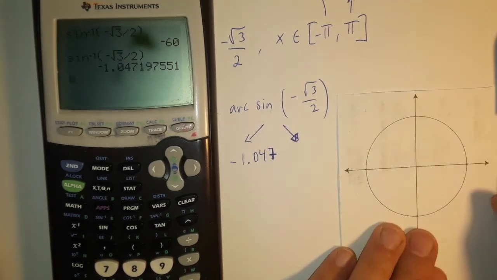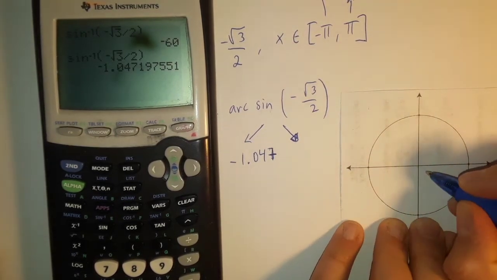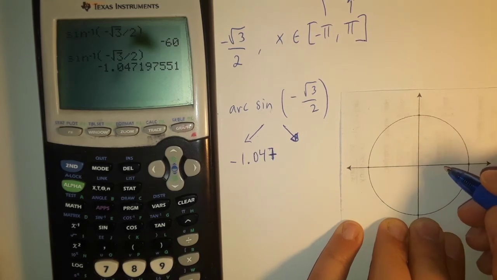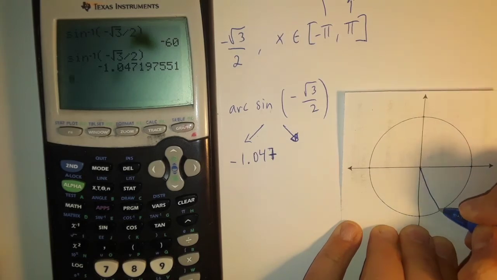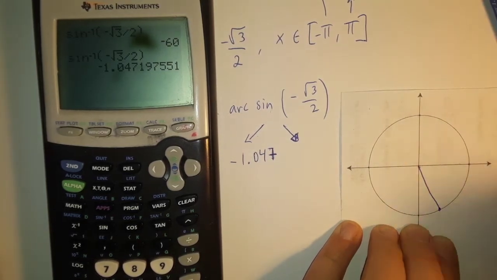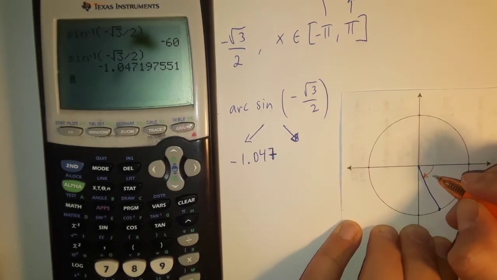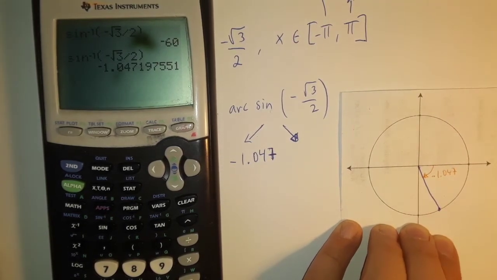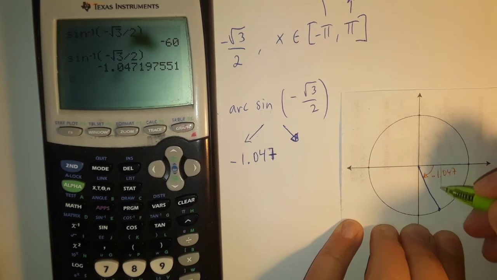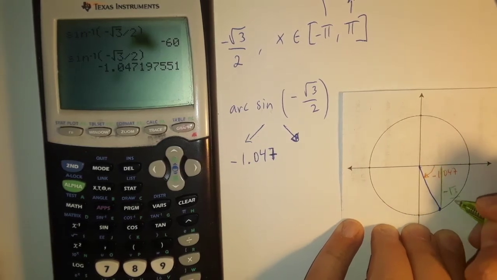This answer I got here is this angle, negative 1.047, and again we're solving for sine equal to negative square root of 3 over 2.